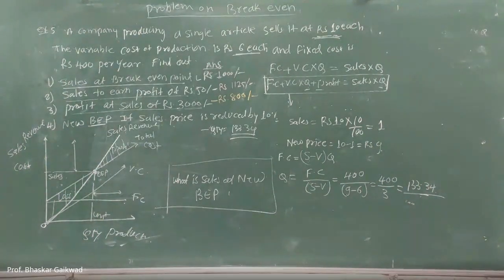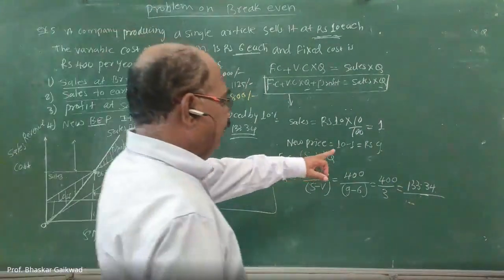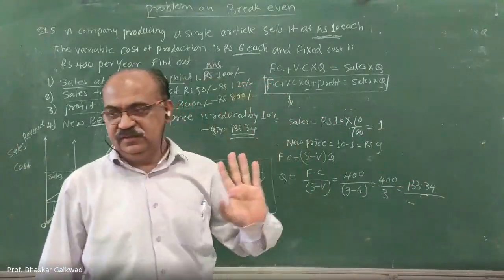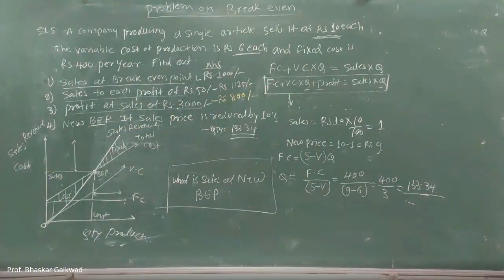So what is the new sales at new break-even point? Okay. So how you calculated this, 9 into this value. Okay. So this is about the break-even point relation.